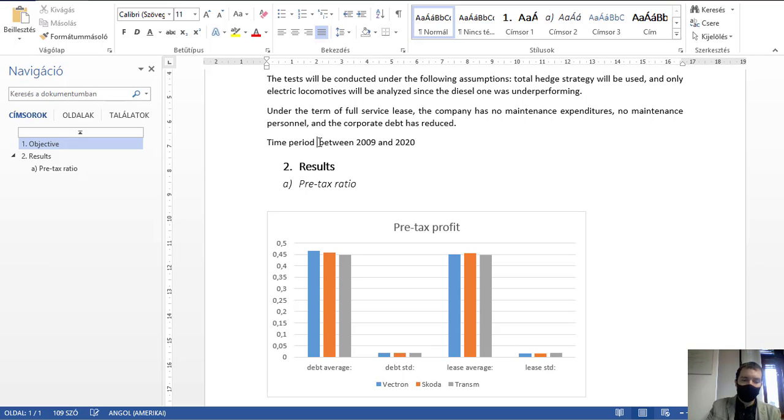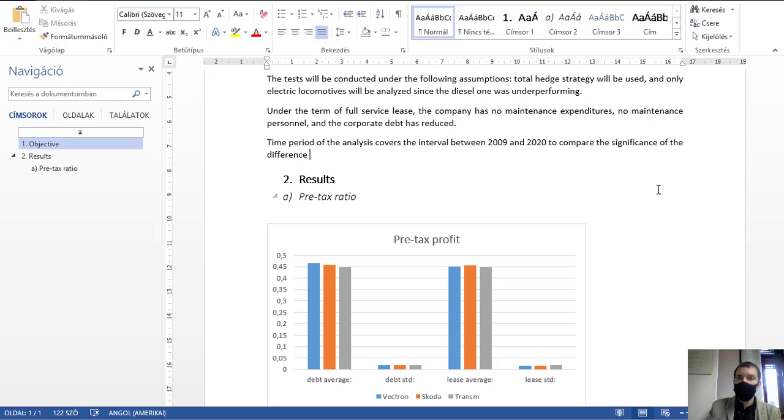Time period of the analysis covers the range, the interval between, to analyze, to compare the significance of the difference of the results between with the t-test.